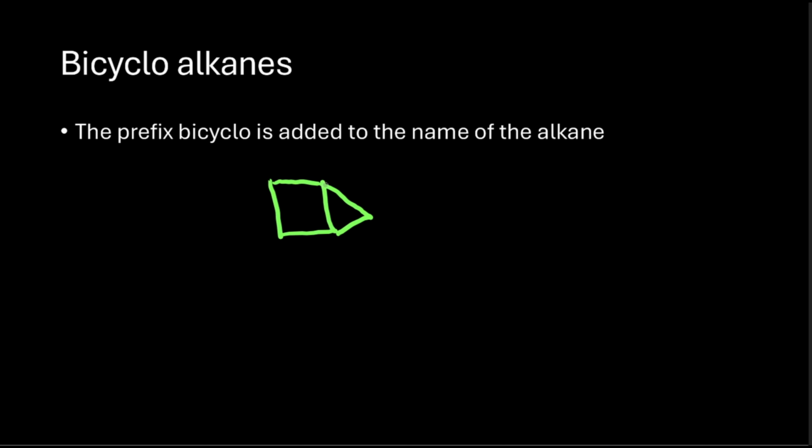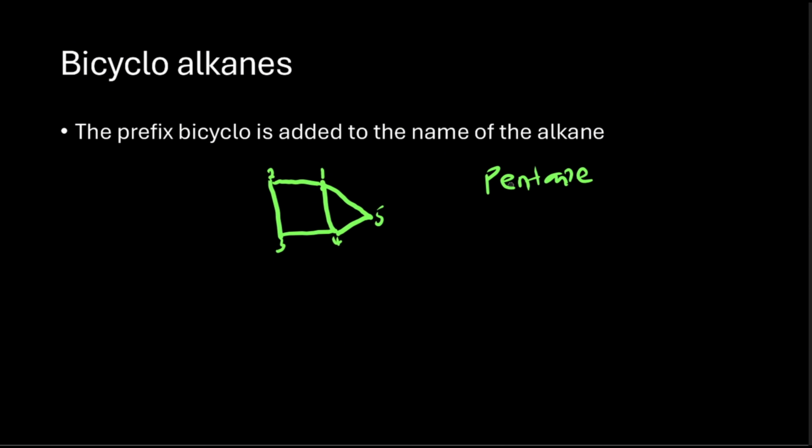So, we have a carbon atom here at the bridge. So, we start the numbering from here. So, we have 1, 2, 3, 4, and then 5. So in total, we have 5 carbon atoms in our bicycloalkane. So an alkane with 5 carbon atoms is known as pentane.